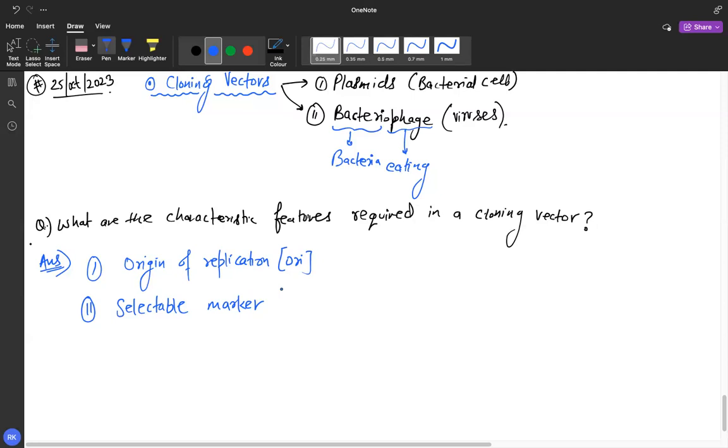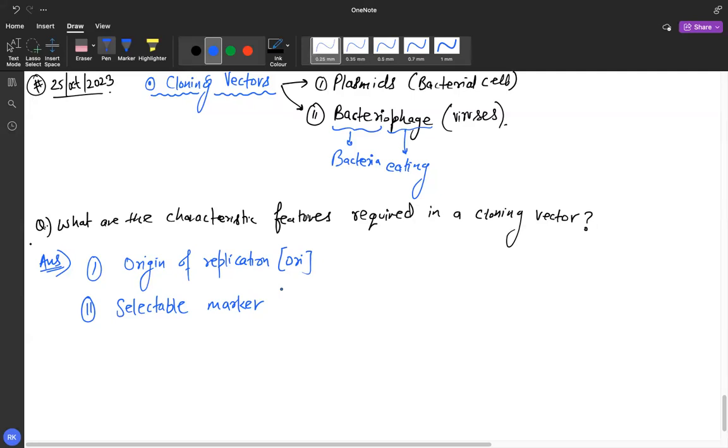Now I transform those bacteria, which simply means that I try to put my vector inside the bacteria. And if that has happened, because my vector contained a gene which provides antibiotic resistance, now these bacterial colonies will survive in the presence of antibiotic.